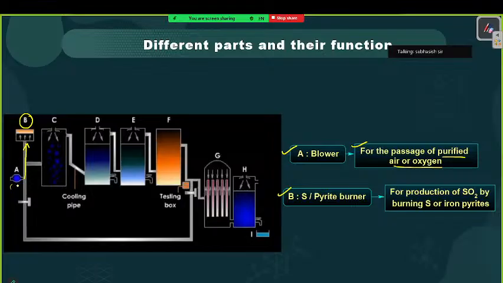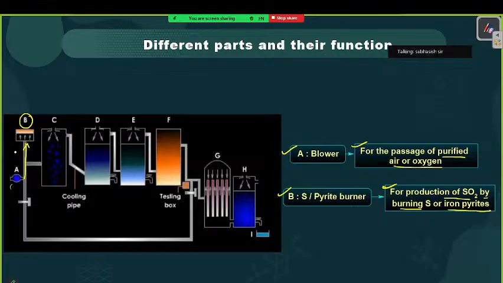So starting from A, A is a pump or blower that blows pure air or oxygen into B. B is known as the sulfur or pyrite burner for the production of sulfur dioxide by burning sulfur or iron pyrites.